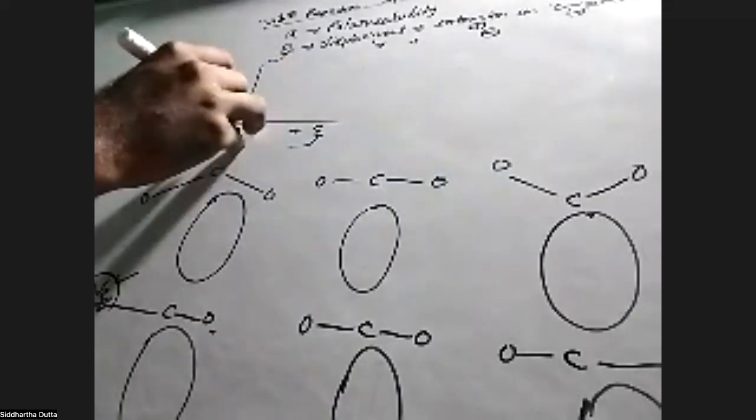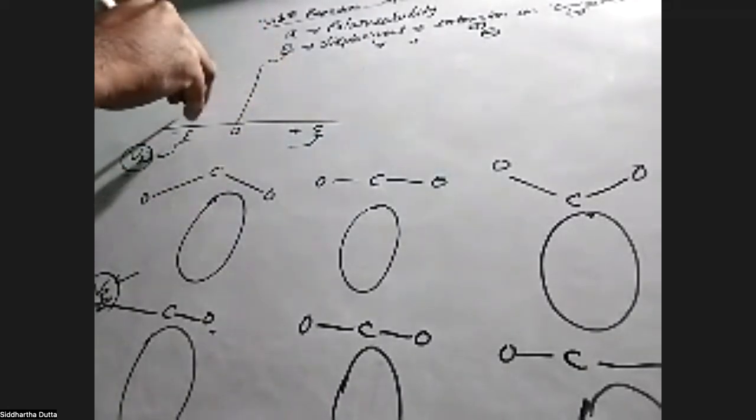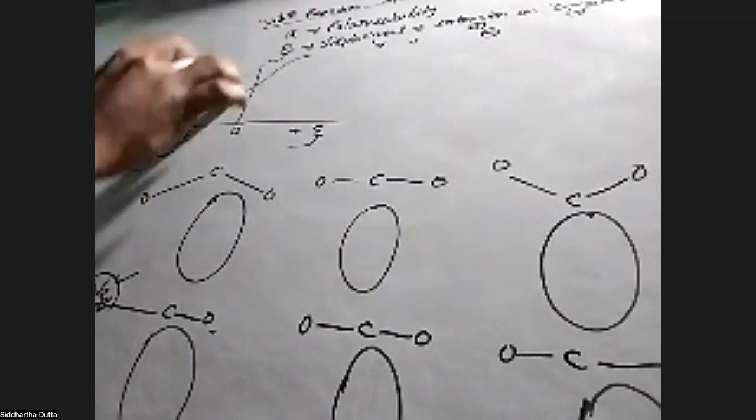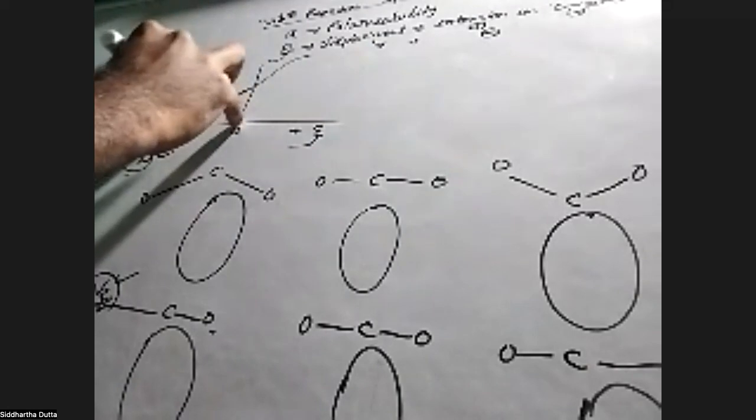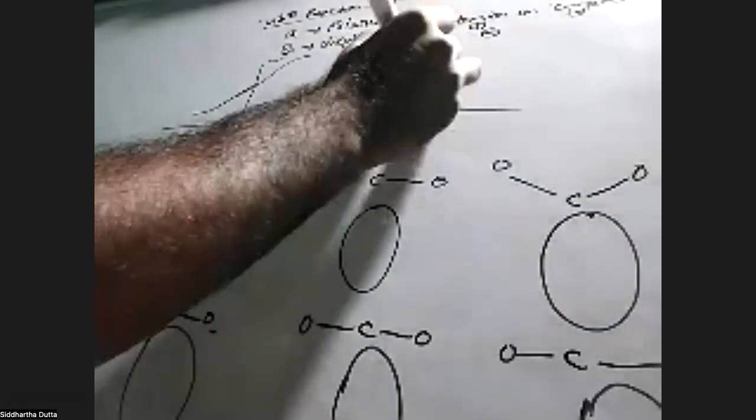For symmetric stretch, the graph is like this. For bending, it increases on both sides in a similar way, near the equilibrium vibration.